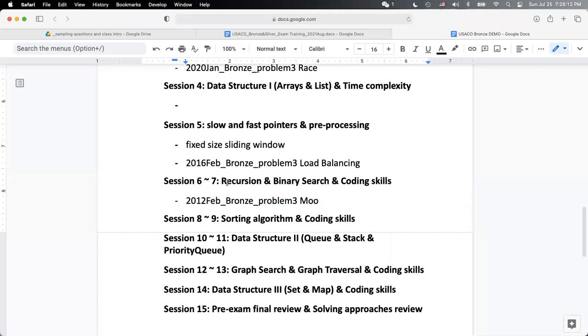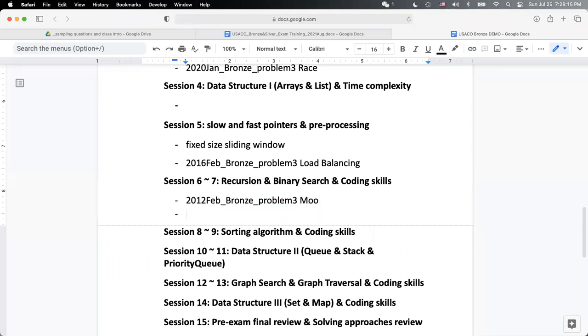But still, recursion is important. We need to cover it because this recursive thinking or methodology, we're going to need when we do the DFS topic, depth first search.